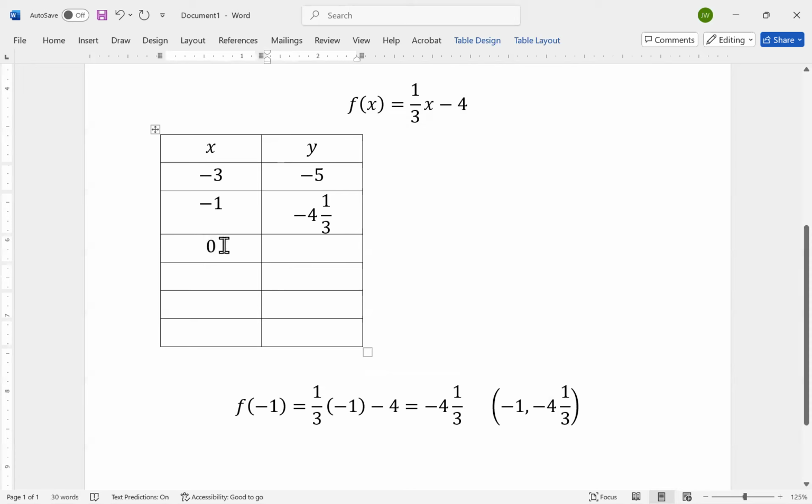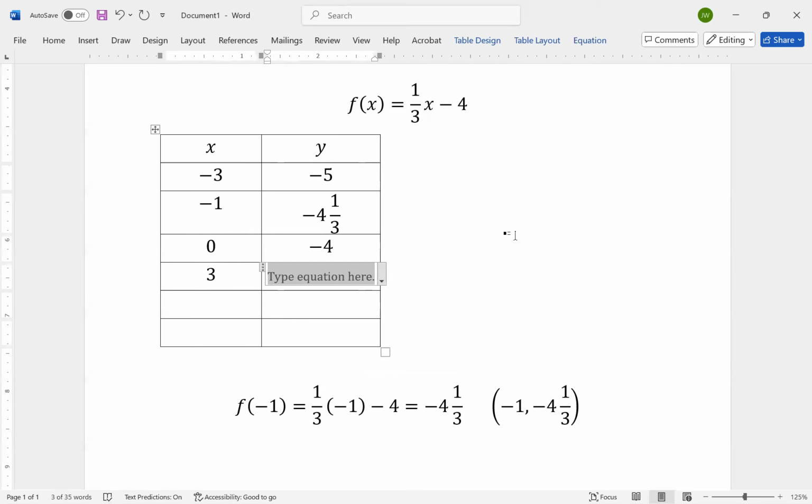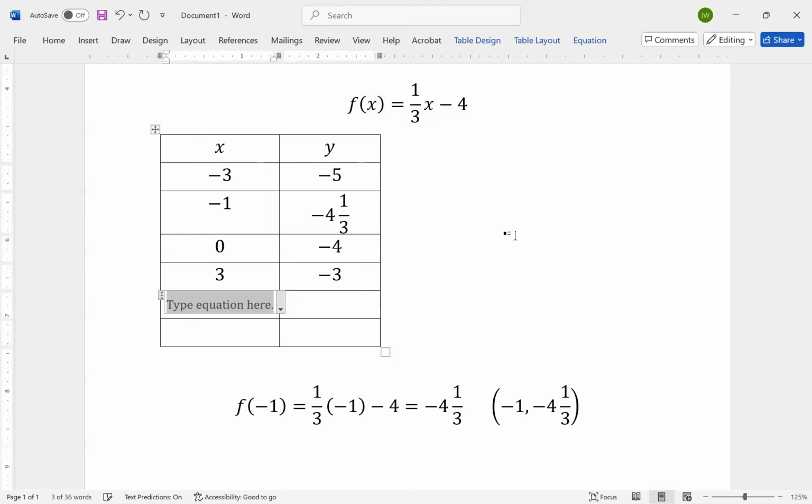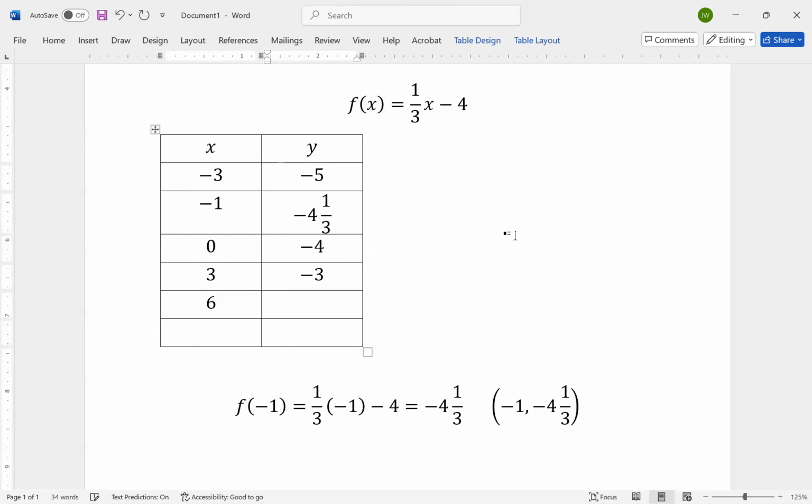So 0 is 0 times 3. Plugging in 0 gives me a -4. If I plug in a positive 3, 3 is 3 times 1, I get out -3. If I plug in a positive 6, what happens is I get out a -2.